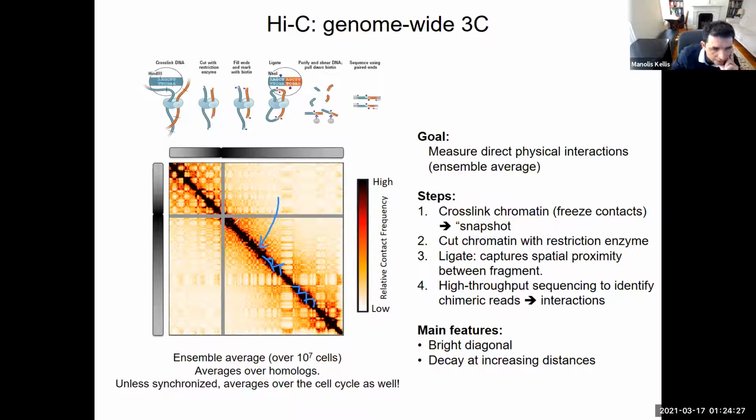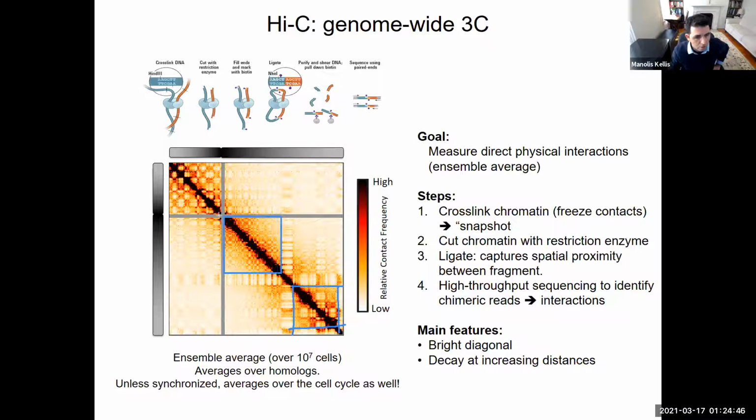There's a thick band rather than just a very thin line. So that's the first feature. There's a lot of self interactions. The second feature is that there seems to be some kind of boundary here where there's a block where there's much more interaction within the region than across the region.